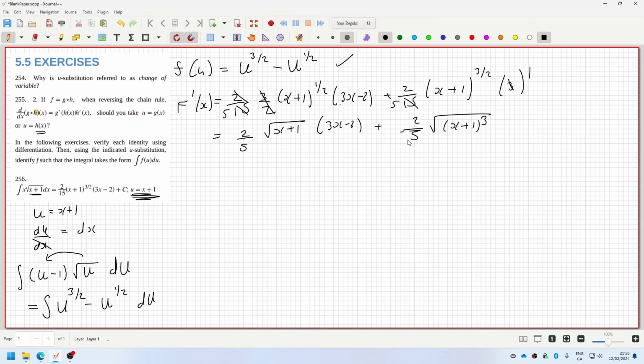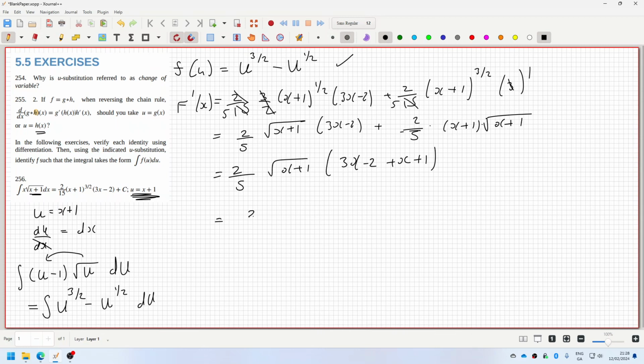Now, maybe I should split this as x plus 1 times root x plus 1, because if I bring that in, it would make the cubed. And then that means I can take out the 2 over 5, I can take out the root x plus 1, and I'm left with 3x minus 2 plus x plus 1.